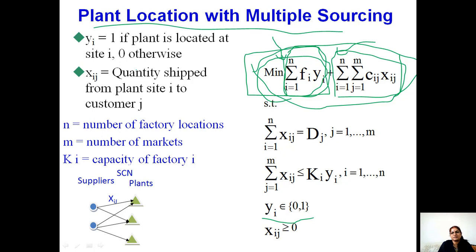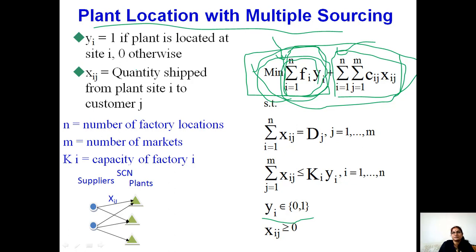We call it binary variable because it takes only two values, 0 and 1. If yi is 0, the meaning is the plant is not producing or close down that plant. So if yi is 0, entire this term becomes 0. So the term becomes 0 for that particular i value.